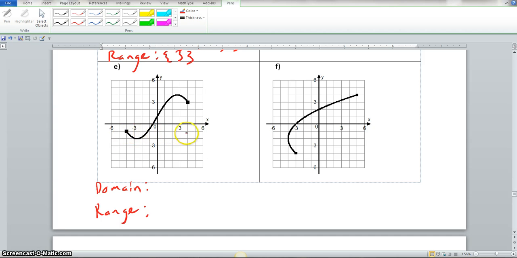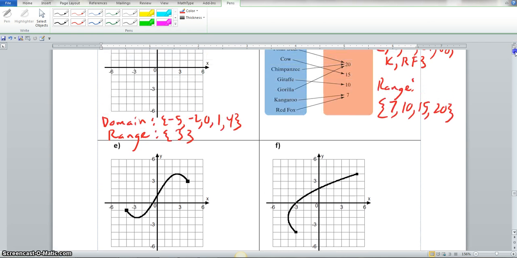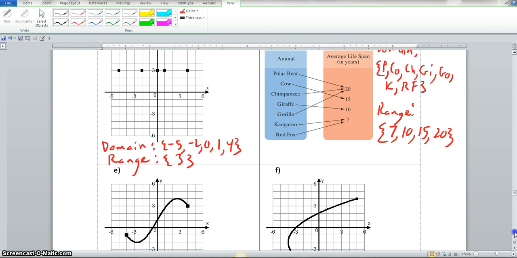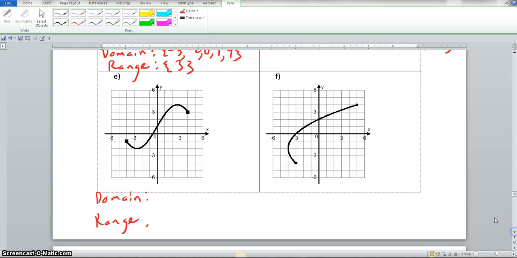Now, this is your domain. Even though these lines are going kind of squiggly here, we cannot write out all the numbers like we did here. See, these were exact points. But because we have this in a graph, it's not exactly a line. It's like a squiggly shape. I won't even call it a line because usually lines are more so straight. But this is a squiggly shape here.